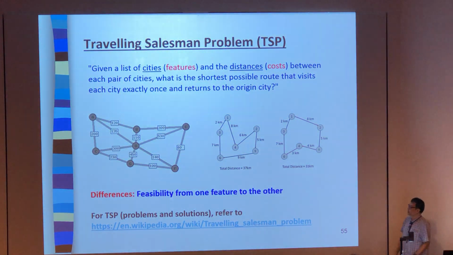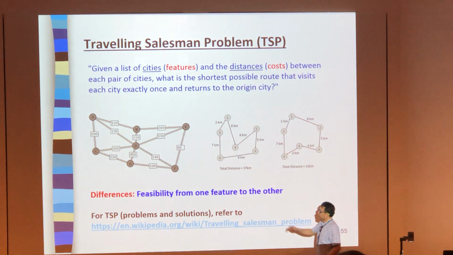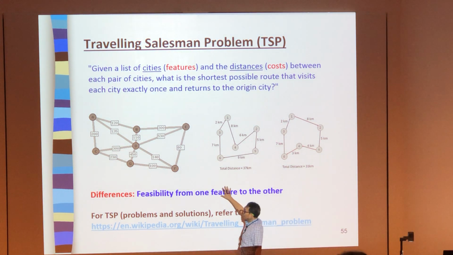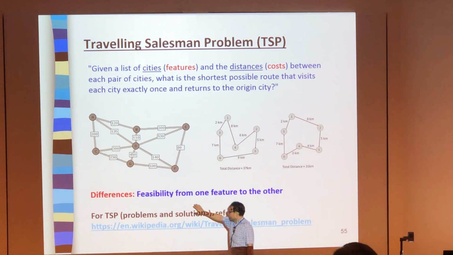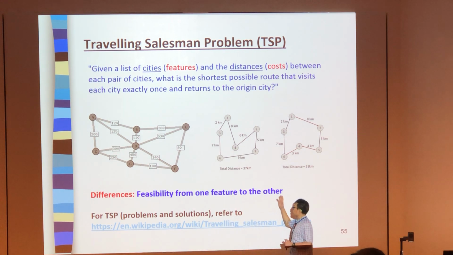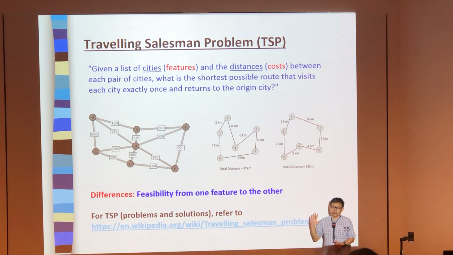So eventually we could use differences, more constraints regarding process selection and sequencing. We define this as process selection and sequencing, or process assignment and sequencing. The difference between TSP and that is feasibility from one feature to the other. You need to check.